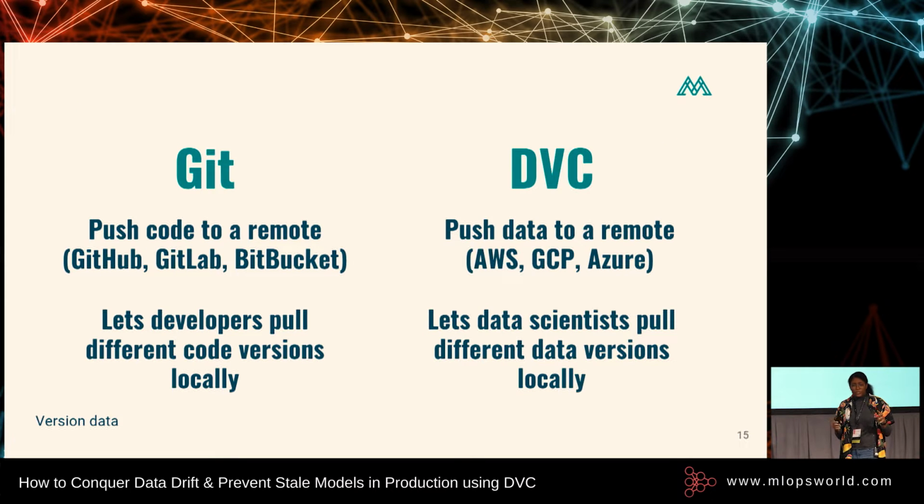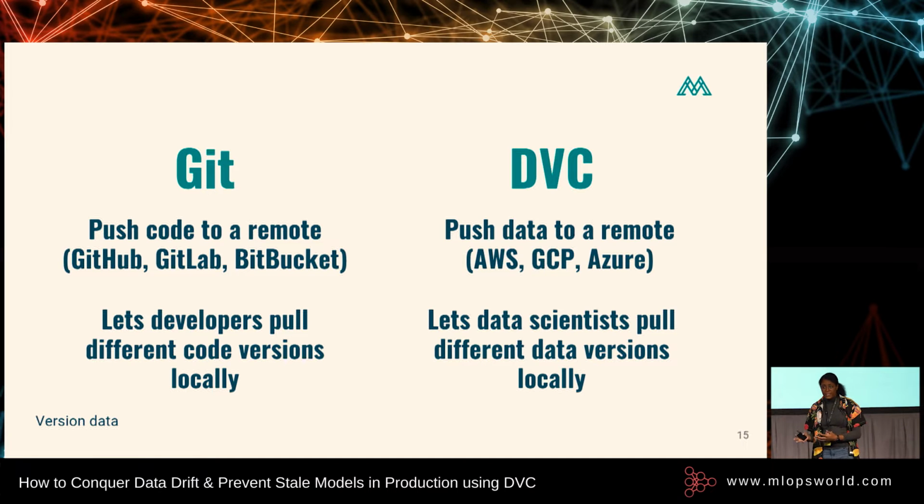I want to make sure you really understand how DVC and Git compare. We know Git is for developers who write code, features, bug fixes, whatever. They write their code locally, they push it up to some remote place like Bitbucket, GitLab, GitHub, and you can pull down these different commits, these different versions of code.